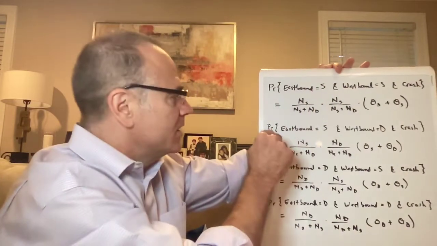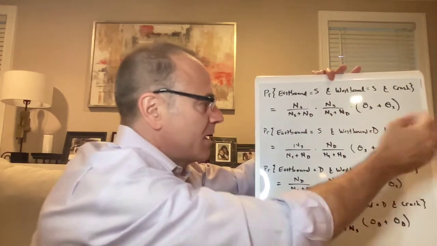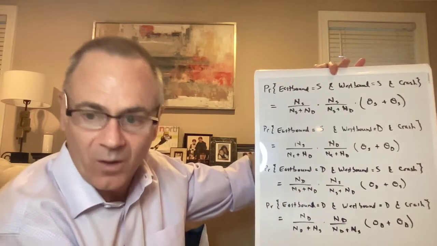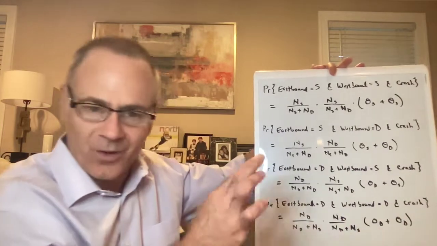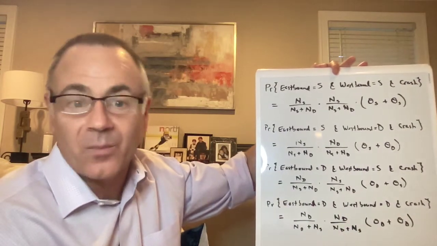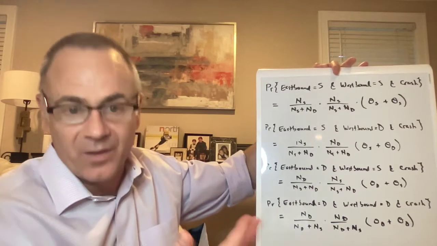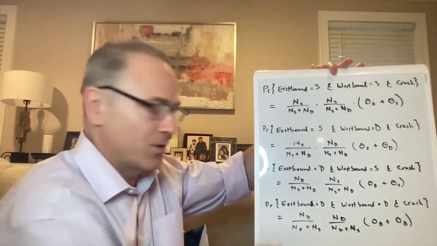Then something else: probability eastbound is sober, westbound is drunk, and a crash equals this term. And so on. We get all those four terms. Next, on the next board, I've already written this, I want to write the probability of a crash. The probability of a crash is just the sum of these four terms.